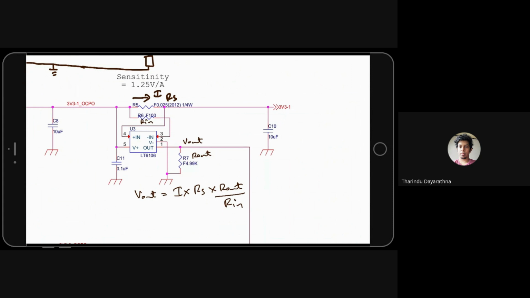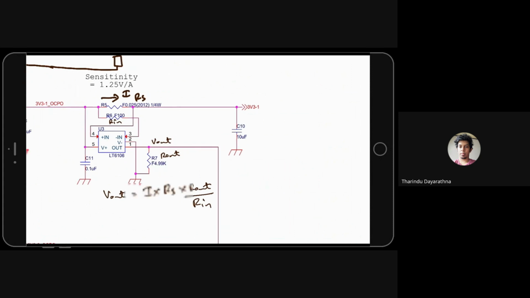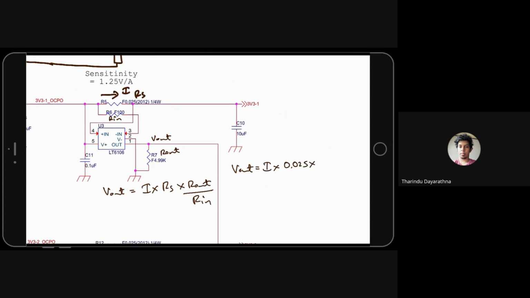Let's do the calculation for the values shown here. V out will be I times Rs, which is 0.025, and R out is 4.95k, let's say it's 5k, 5,000 ohm. Then R in is 100 ohm.